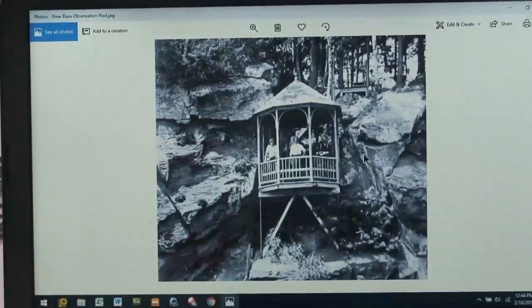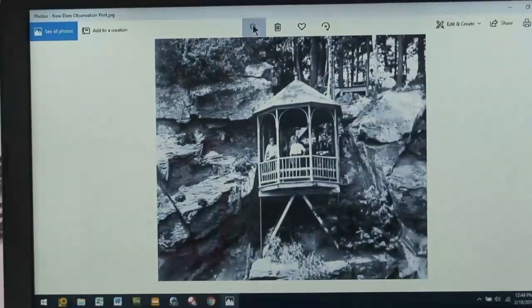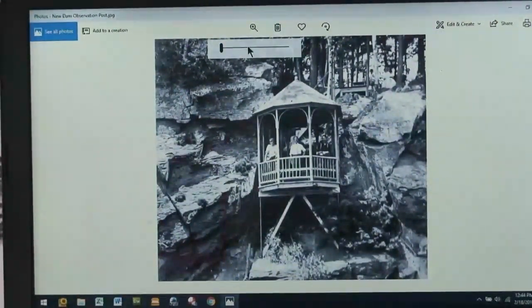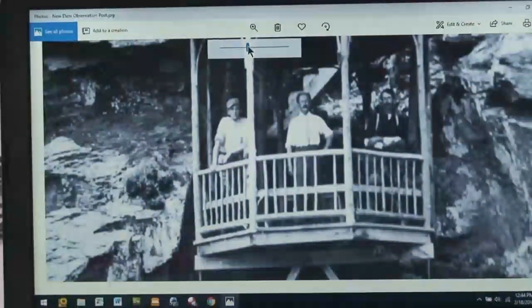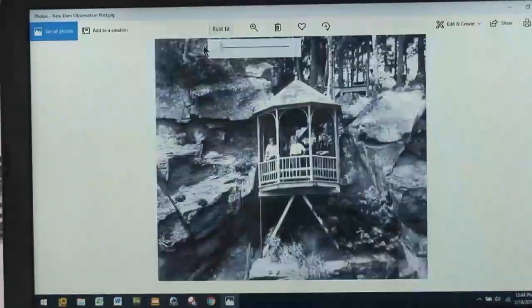You can see that these weren't workers that were in this observation tower, but in fact guys with suits and ties. Oh, they were foremen and other people overseeing the operation of the construction of the mill.